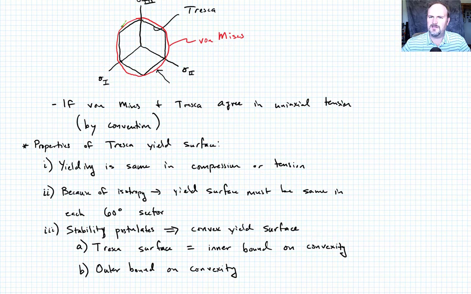It is also a hexagon, but it's now a hexagon that looks like this. Okay, so you kind of see what our limits are in terms of convexity. So this is the outer bound on convexity.